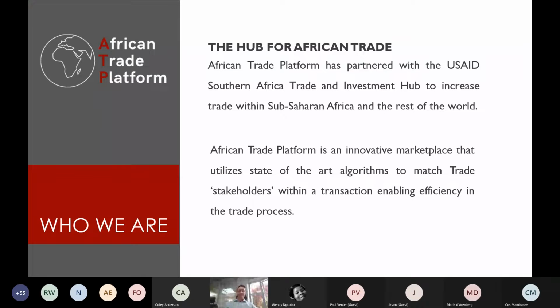The platform itself is a marketplace whereby buyers and sellers come onto the platform. So if you're a seller of a product, let's say in the Northern Cape, anything from minerals to agric to energy, you would come onto the platform itself and upload your various products.